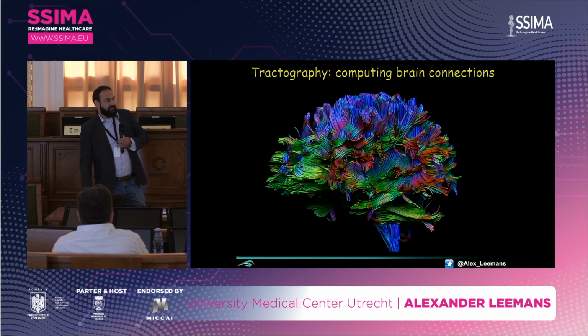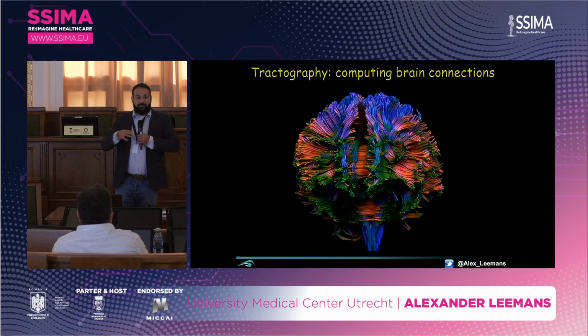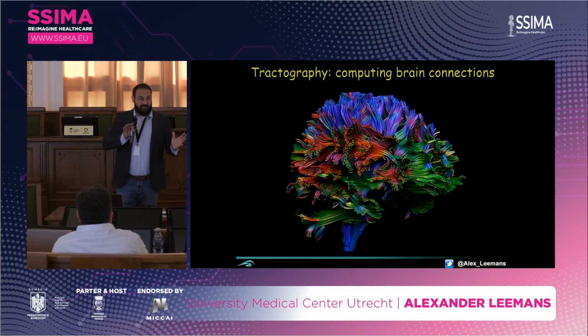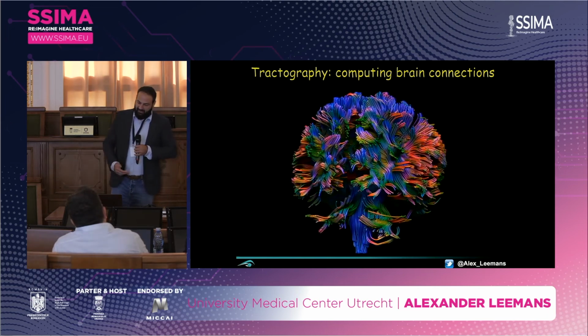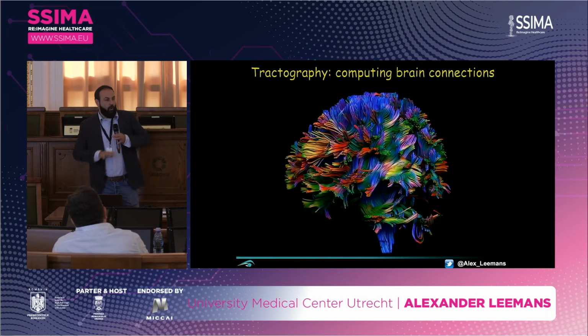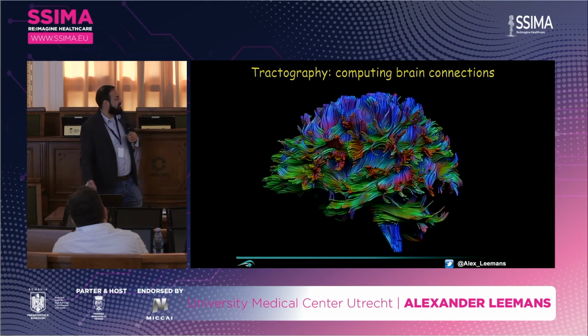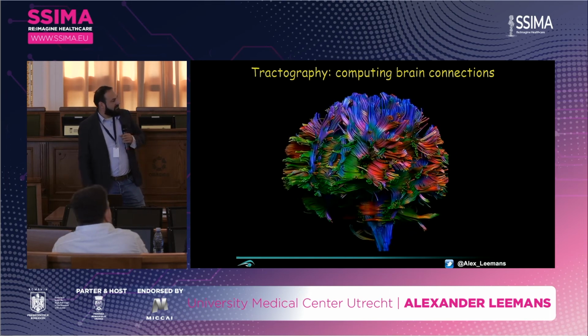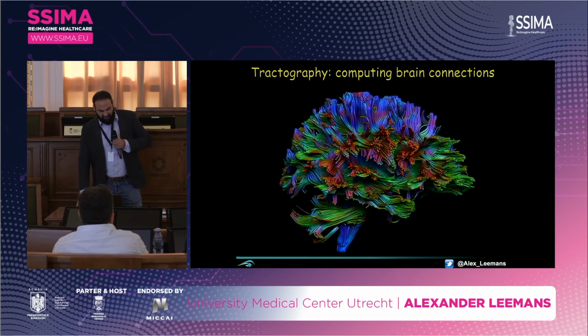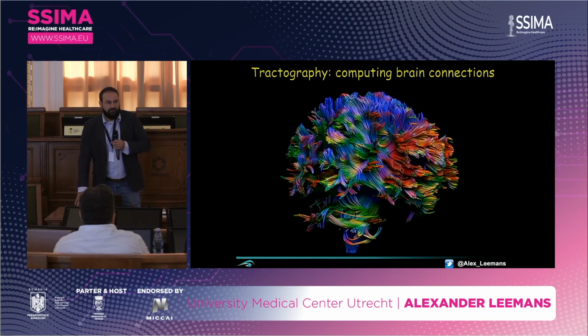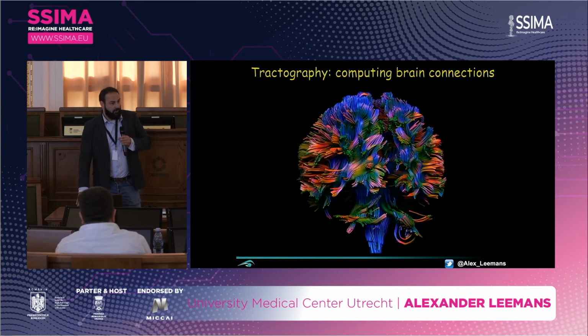And in practice, we don't just sample a few points, we sample the entire data set very densely. And then you end up with this kind of spaghetti-like structure, which we call a whole brain tractography data set. And I once had a junior radiologist come up to me and he said, "Oh, Alex, I didn't know axons were that thick."